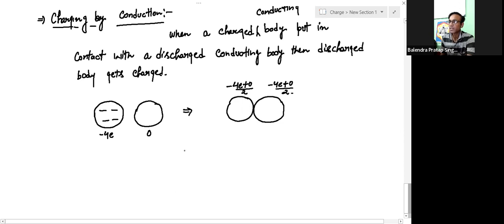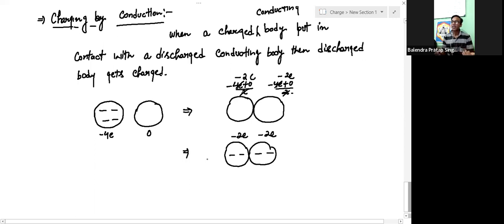So minus 2e, and again minus 2e. Both bodies now have minus 2e charges.